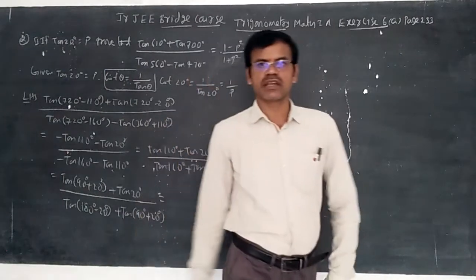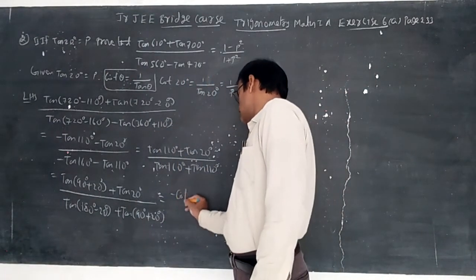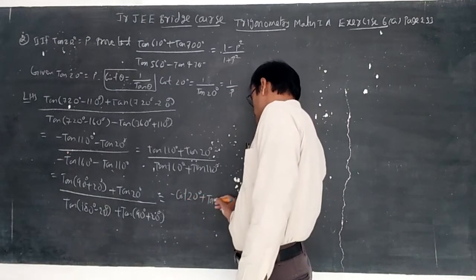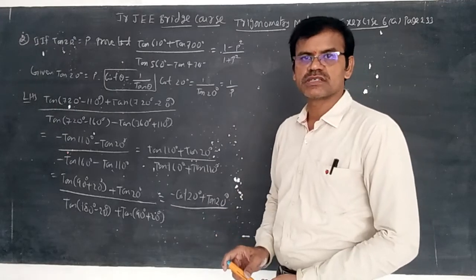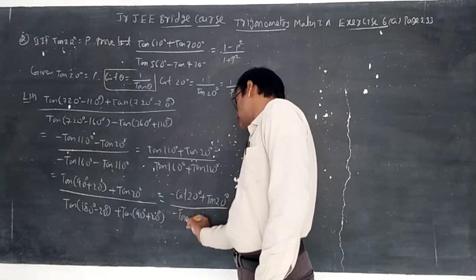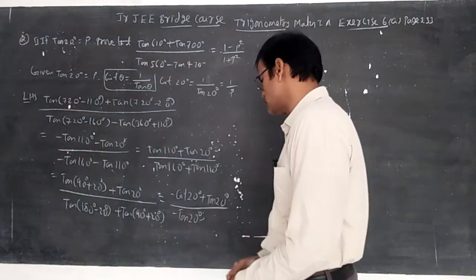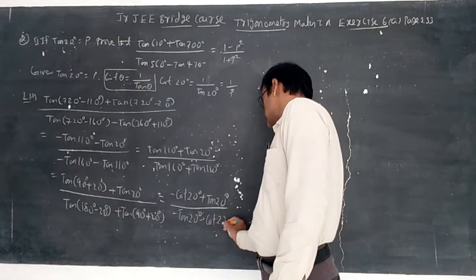Tan 90 plus theta means minus cot theta. So this is minus cot 20 plus tan 20, whole by tan 180 minus theta, which becomes minus tan theta, so minus tan 20. Tan 90 plus 20 becomes minus cot 20.